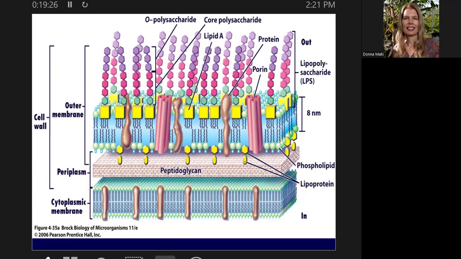I've witnessed it happen to a family member, and luckily the doctors were there in time to catch it, and everything went well. But that's something to be aware of. It's the lipid A portion that can be toxic to humans.